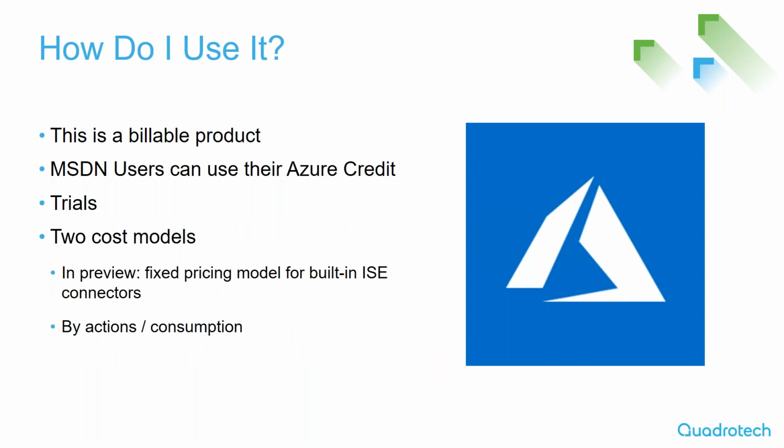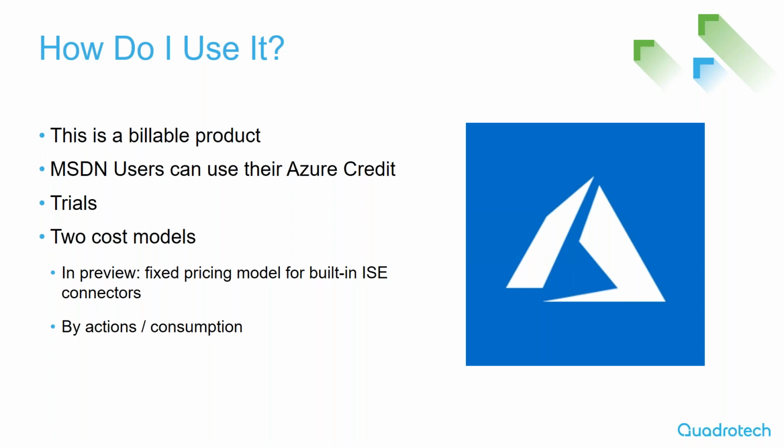So how do you use it? It's a billable product. So you have to have a billable subscription somewhere in order to use this long term. If you're an MSDN user and you have Azure credit with your level of MSDN, which most do, you can hop right in if you've got the cash in your account to do it. So this is how I run my personal ones. I do it in my MSDN account to actually do some monitoring of some things when I'm trying to do some development and play work.